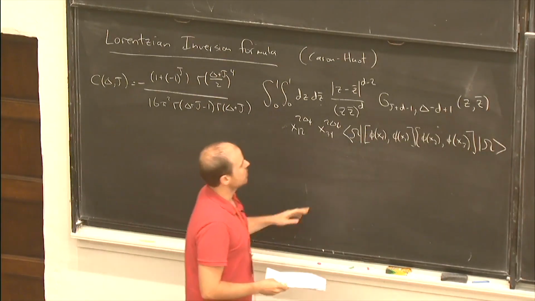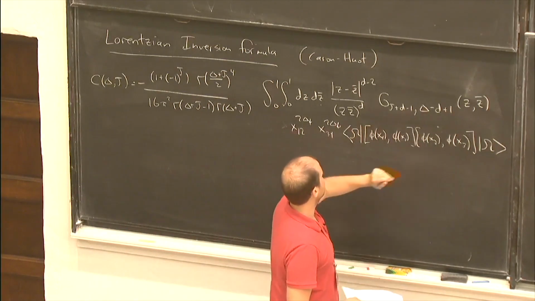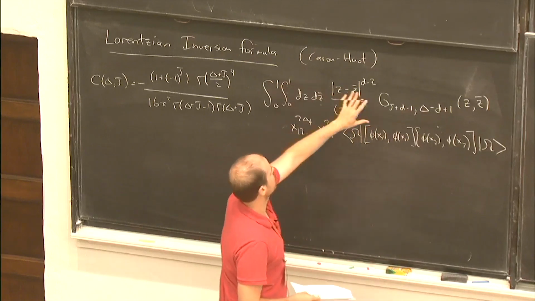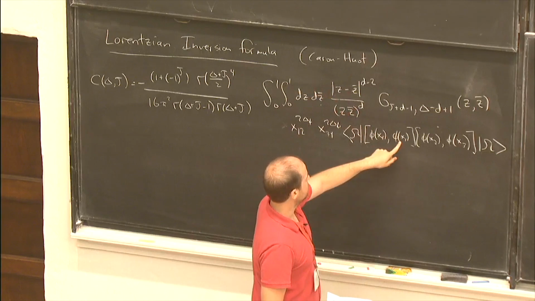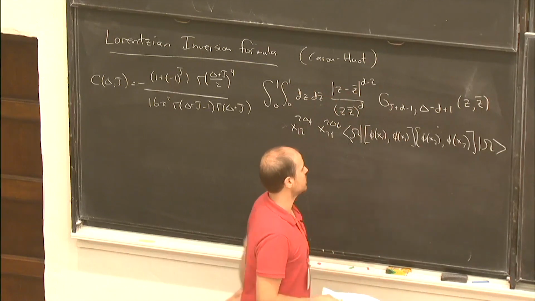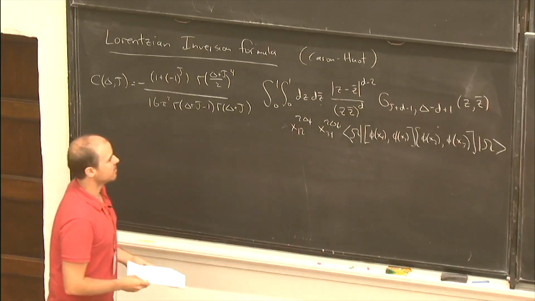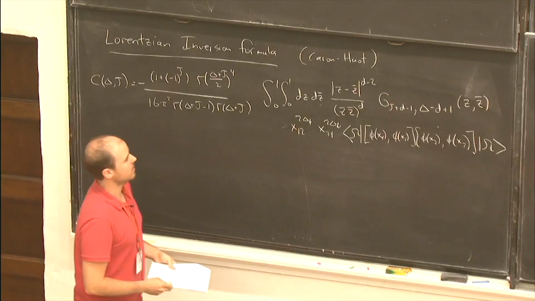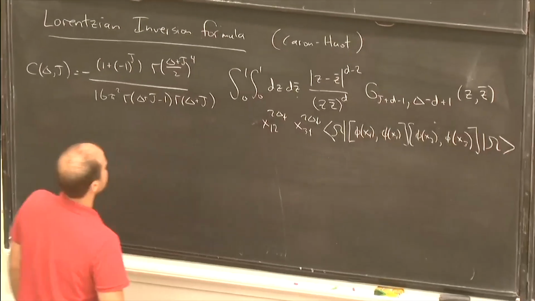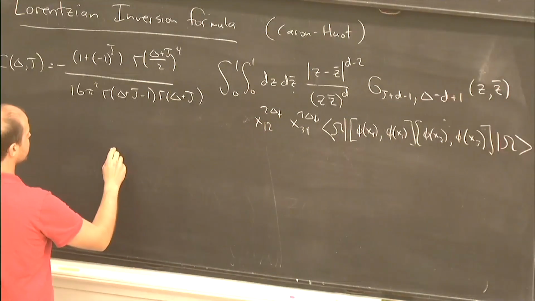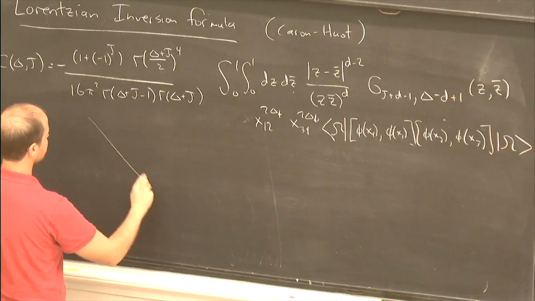So what this means is that the integral, I just wrote it as an integral over cross ratios. You should set these spacetime positions to be in a configuration such that they give the cross ratios z and z bar. But this is a Lorentzian formula, so there is a particular configuration you're supposed to consider.